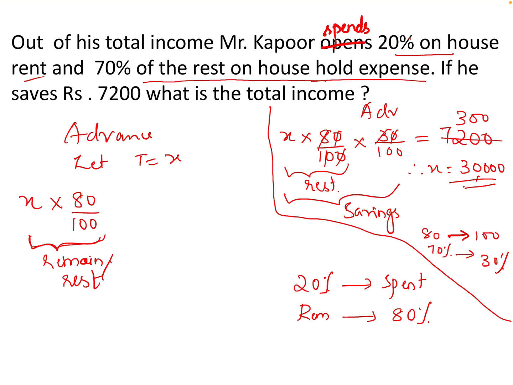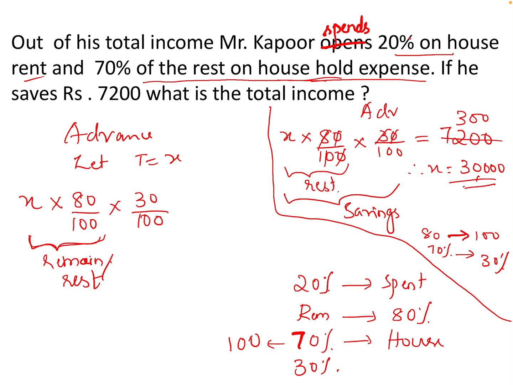Then 70% of this he is spending on household. So if the rest is 100, and 70% is spent, then how much will remain? 30% will remain. So this into 30%.